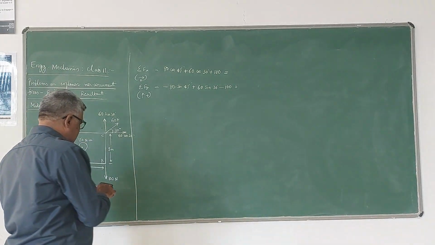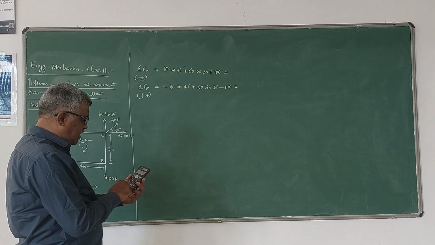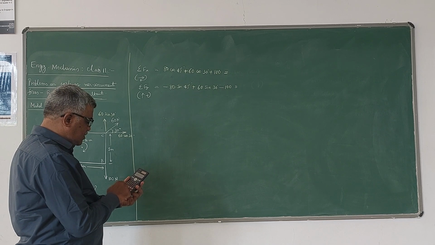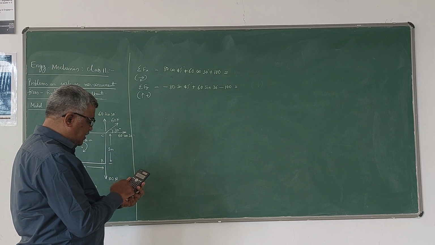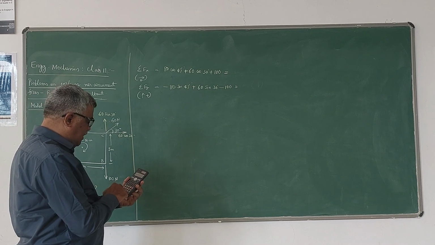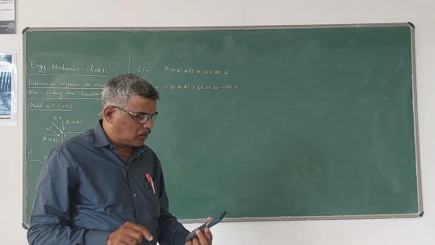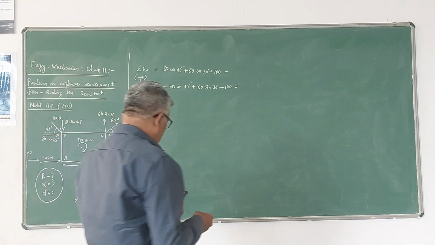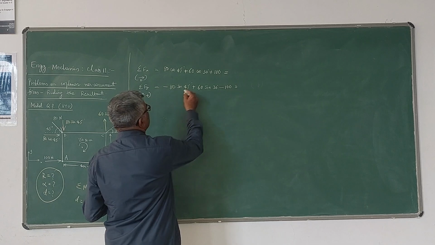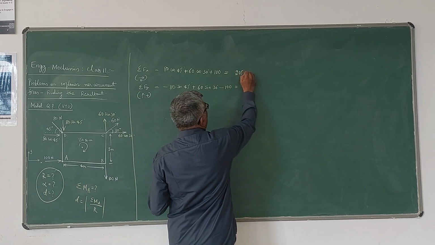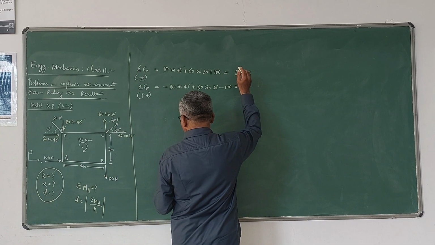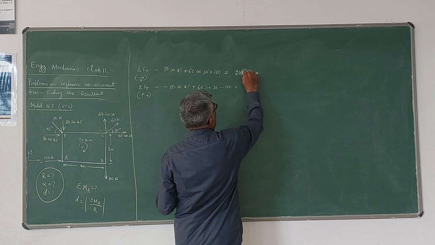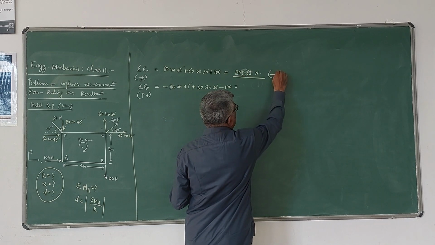Let us calculate that. 80 into cos 45 plus 60 into cos 30 plus 100 is equal to 208.53 Newtons. Since it is positive, it is towards right.